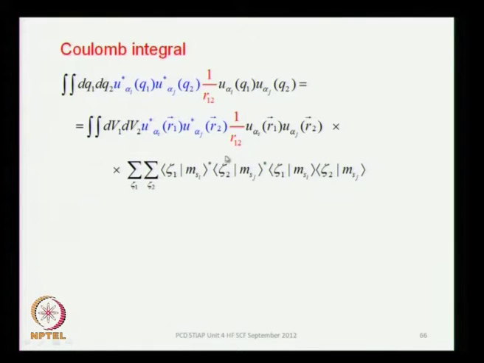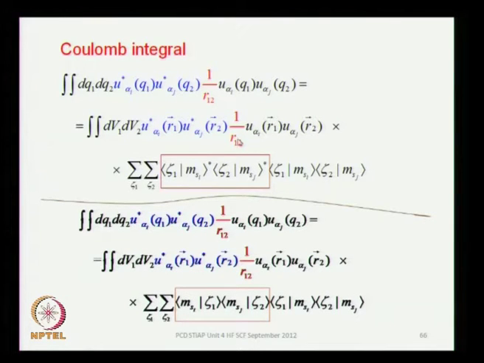The 1 over distance does nothing to the spin function. So, this summation can be carried out separately. So, now if you just look at this, this is the complex conjugate, you have got an asterisk here and an asterisk here. So, you take the mirror image of this to get the complex conjugation. So, this is what you have got, right.